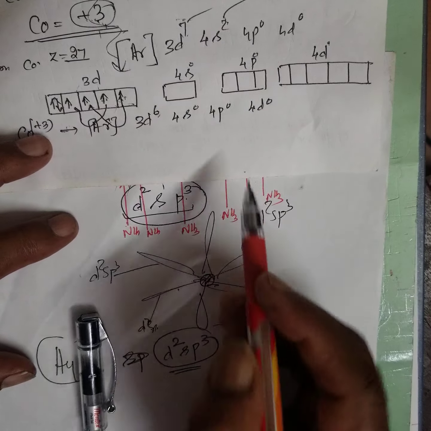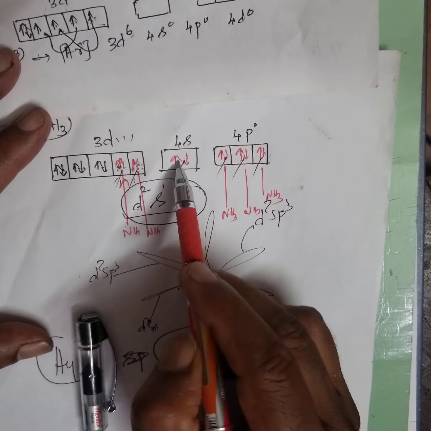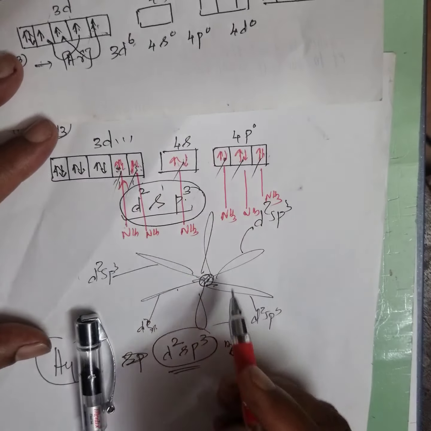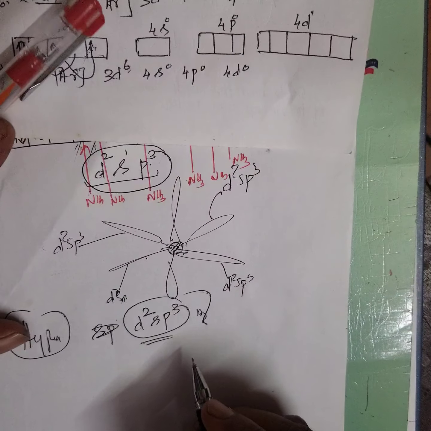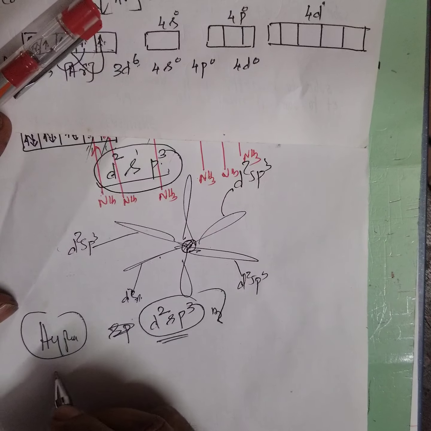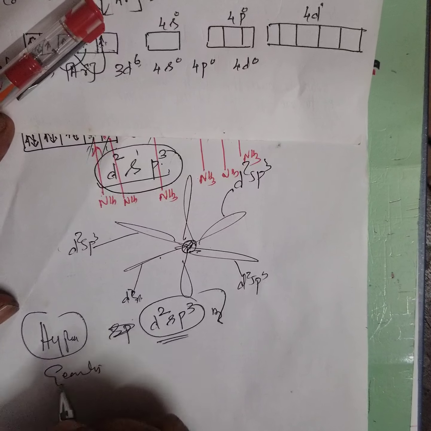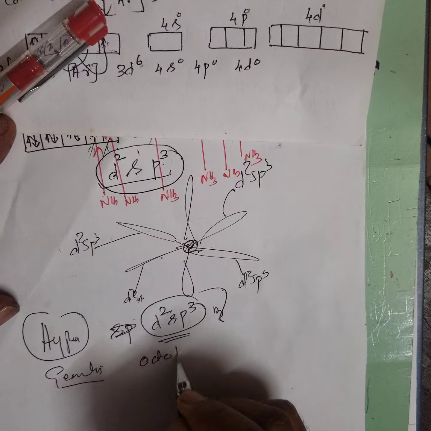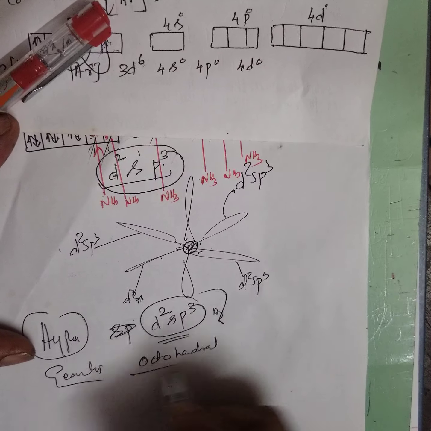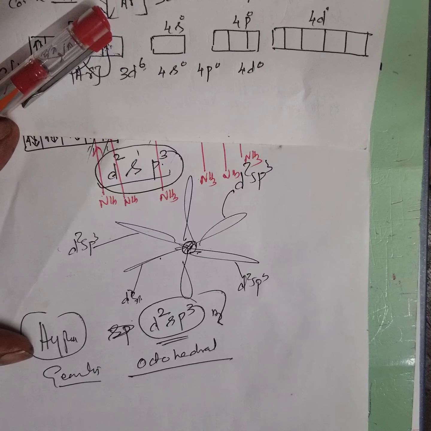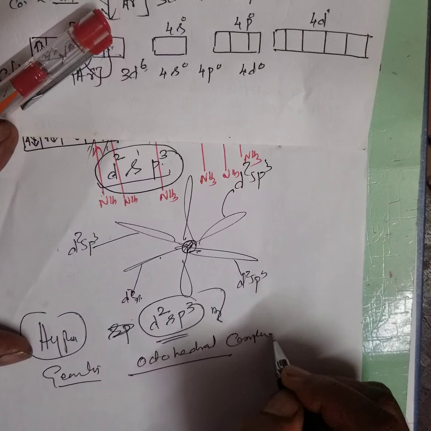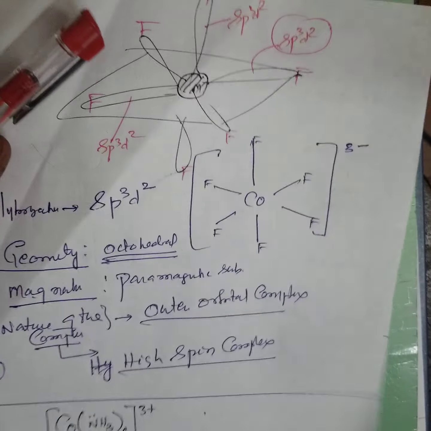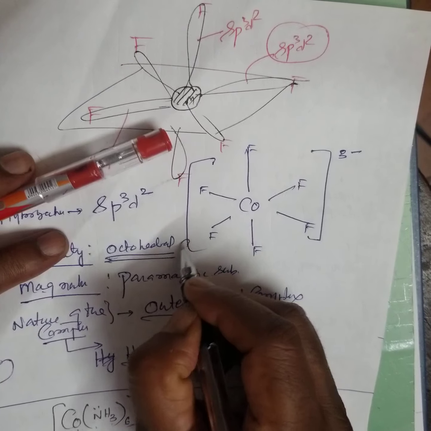As a result, all these orbitals, 1, 2, 3, 4, 5, 6, are completely filled. And what type of geometry do you get? Octahedral geometry. This is our octahedral complex.